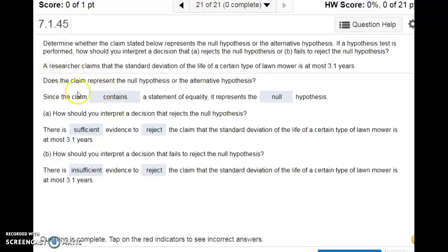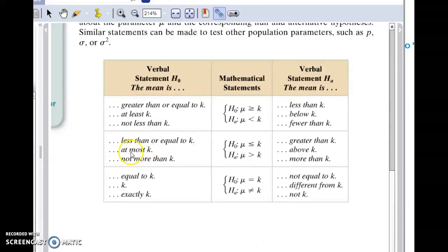So looking at 21, a researcher claims that the standard deviation of the life of a certain type of lawnmower is at most 3.1 years. So at most a value would be this situation where we have a standard deviation less than or equal to 3.1.